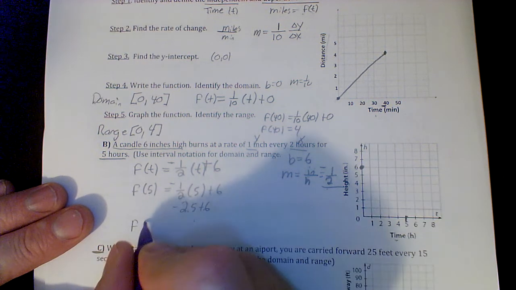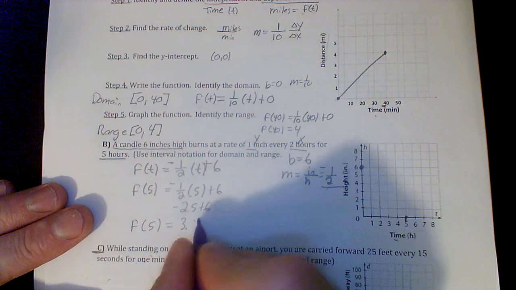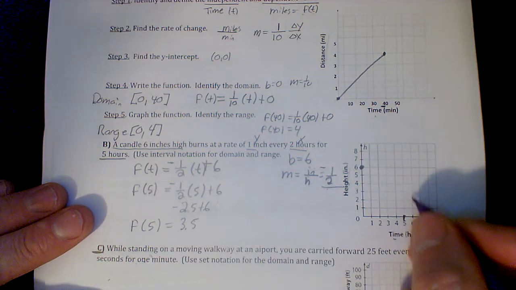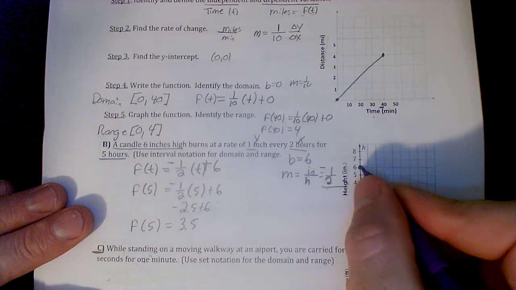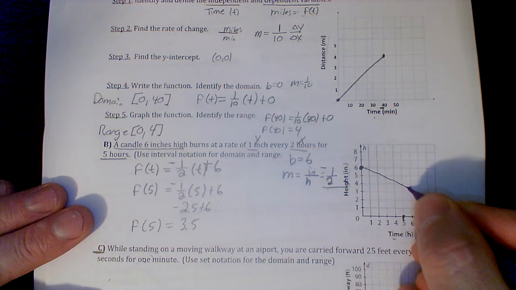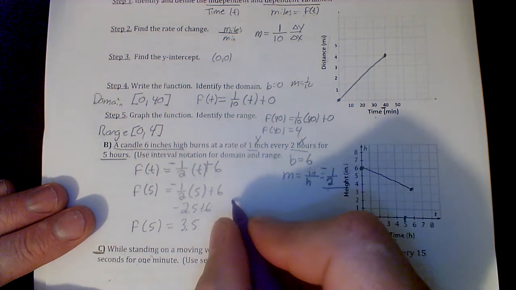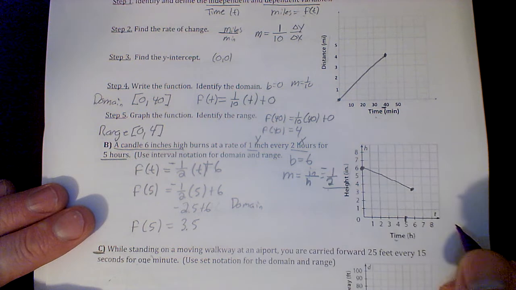So after I've been burning for 5 hours, I'm at 3.5. So we'll go to 3.5 right here. It looks like they touch both. It definitely was 6 inches tall, and it definitely burned for the full 5 hours. So we'll get our domain. Domain is how long it burned.